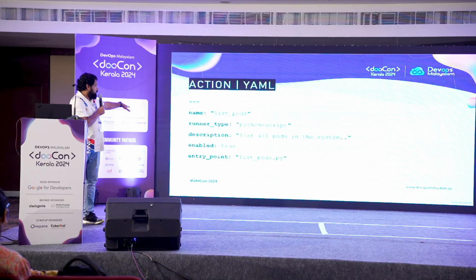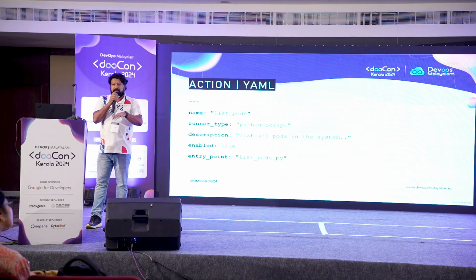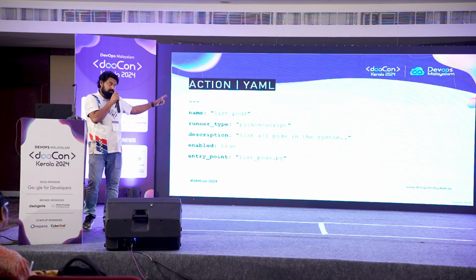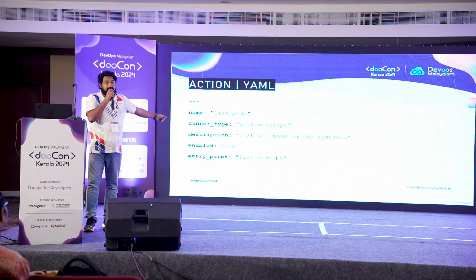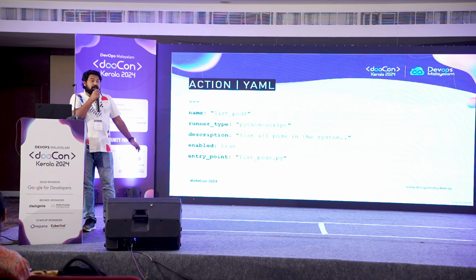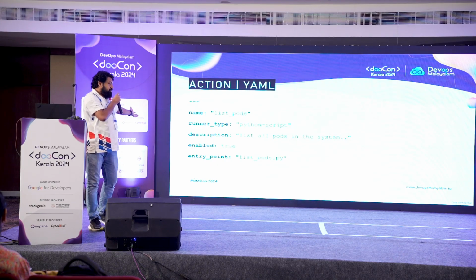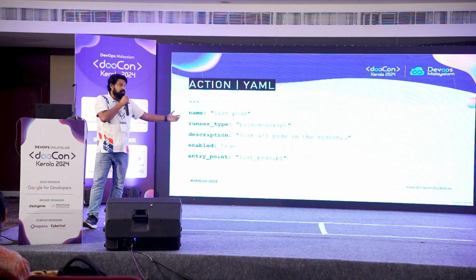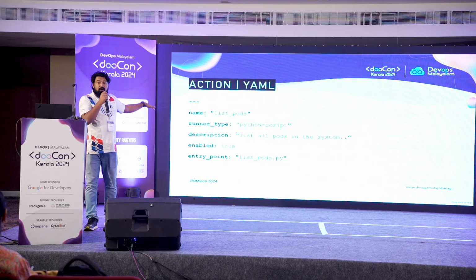The action YAML will look like this. The name, the runtime type. The runtime type says Python script. So you write a Python program, and you tell StackStorm that, hey, this program is Python, so use the Python runner. You can even write programs in Bash, and you can use shell if you want. And the description, whether it is enabled or not. Then the entry point: what should be the first program that it should execute when this workflow is getting called?